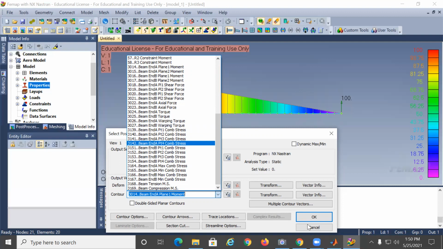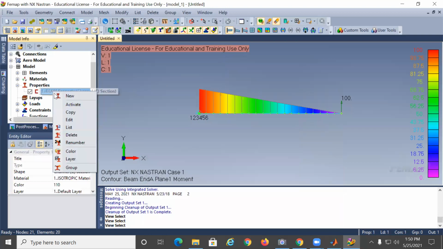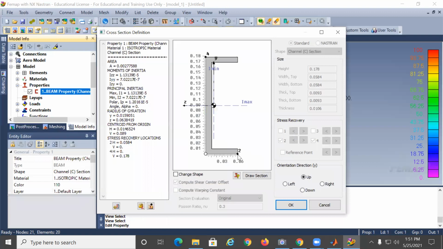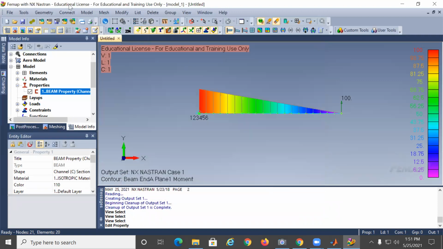What I'm trying to say is this. When we came here to the properties, this is point K. For us it would be point 2 and point H will be point 4. Okay. So if we look here, let's do F5.